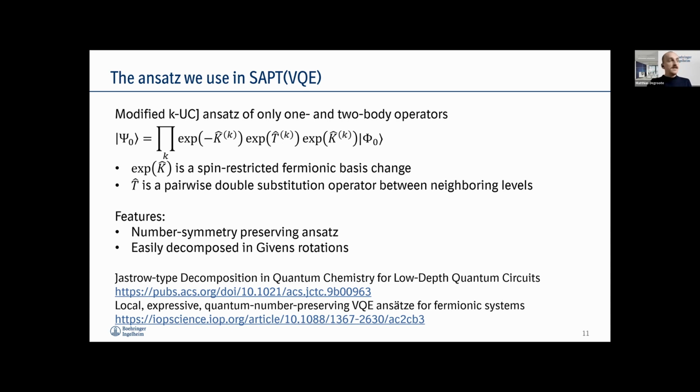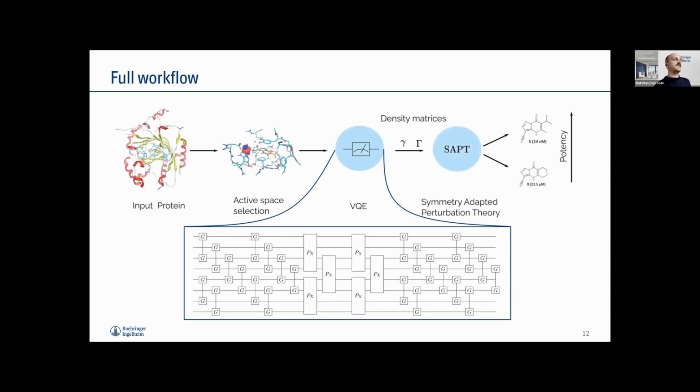If we then look at this full workflow, what we'll do is take a protein, find the active site and active space for this calculation, get matrix elements, and put them into the VQE ansatz, where below you see one layer of the circuit that we'll use.